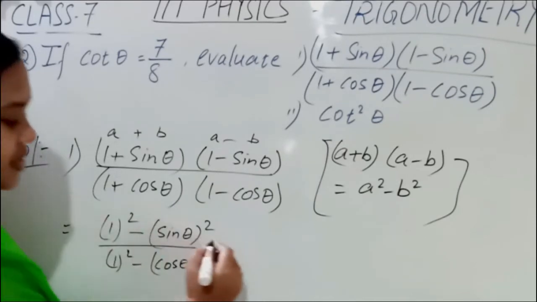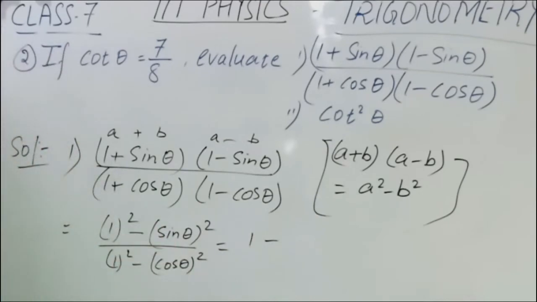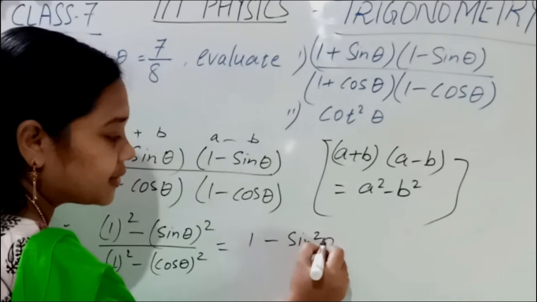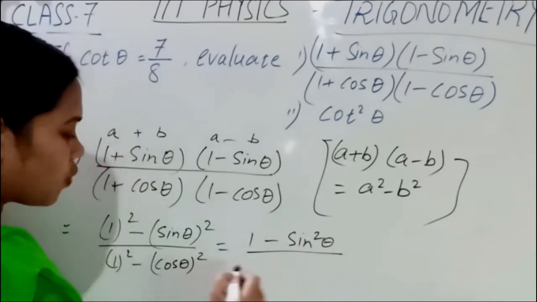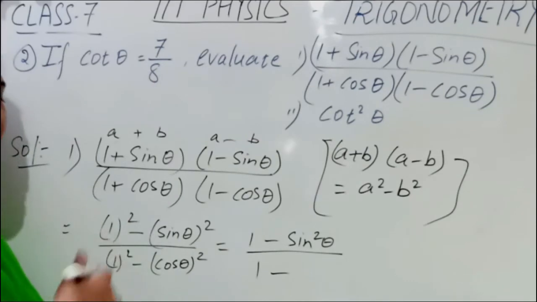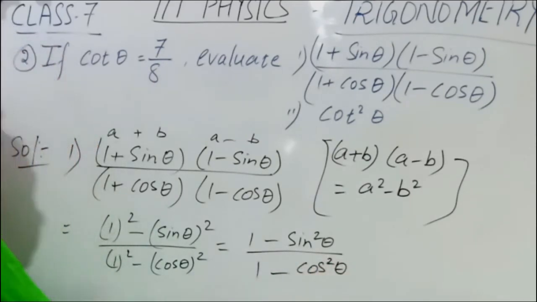So a square minus b square. 1 square will be 1. Sin theta whole square will be sin square theta. Like that, 1 square minus cos theta whole square is cos square theta. So we got what value? 1 minus sin square theta by 1 minus cos square theta.